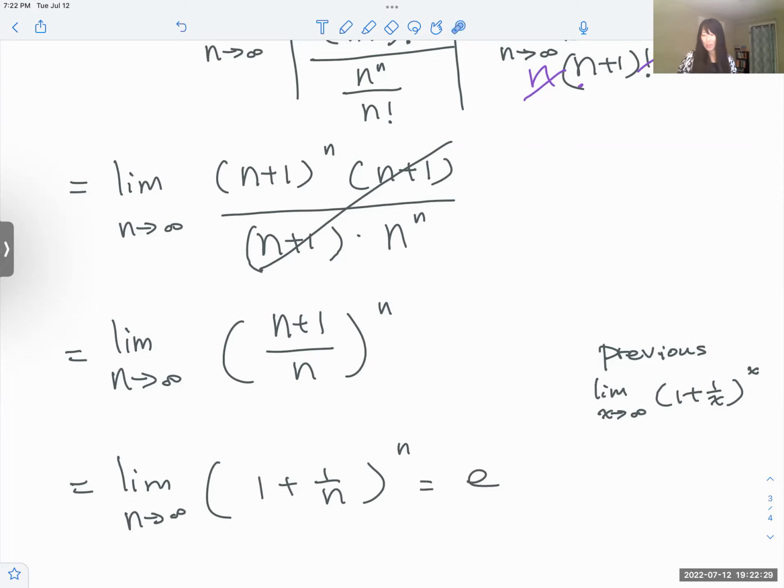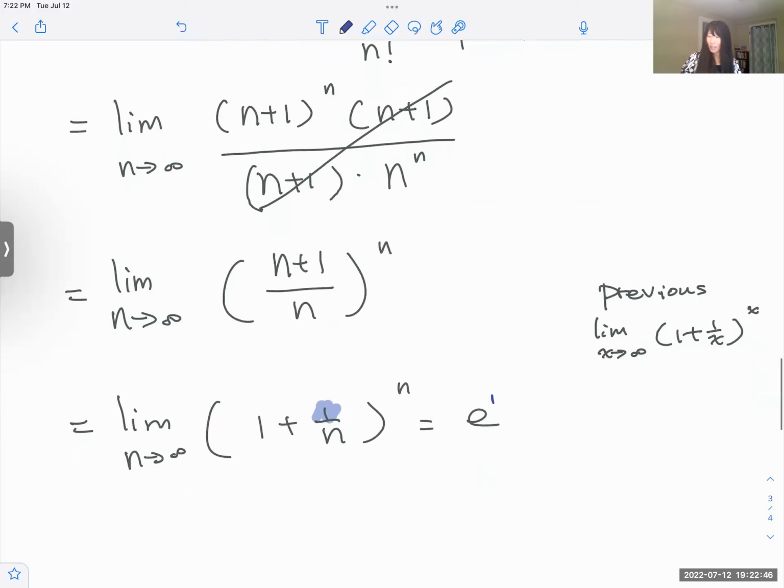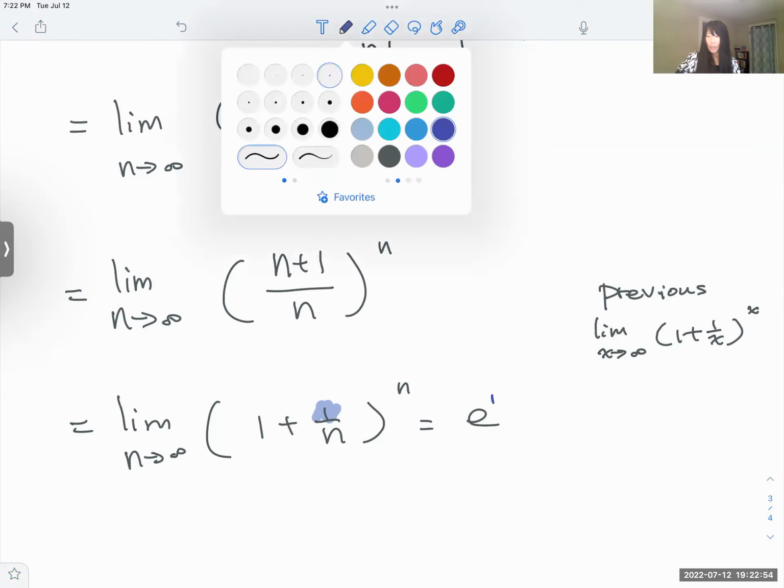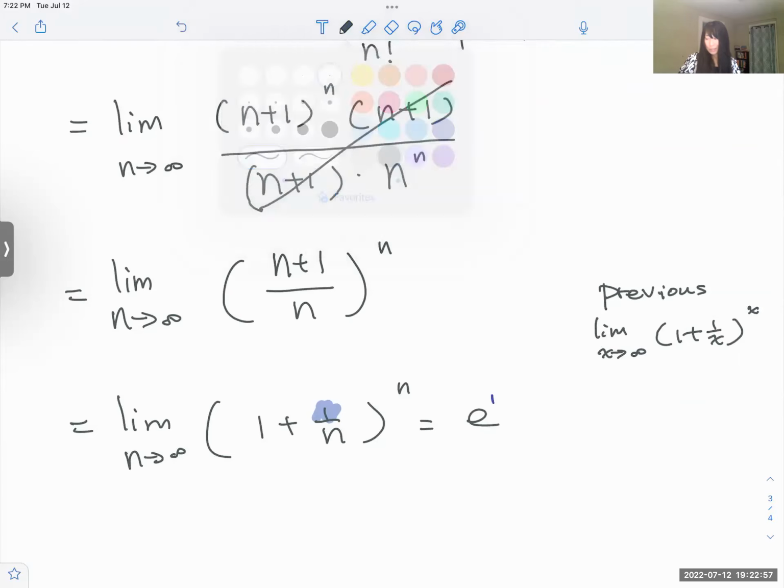Do you remember I said, looking at this one, e to the 1? Yes, e to the 1. So that is the 1. E is the real number, which is 2.718, so this is greater than 1.